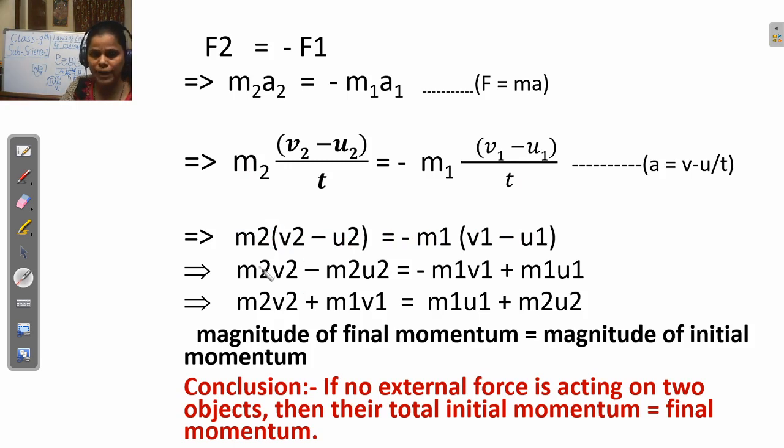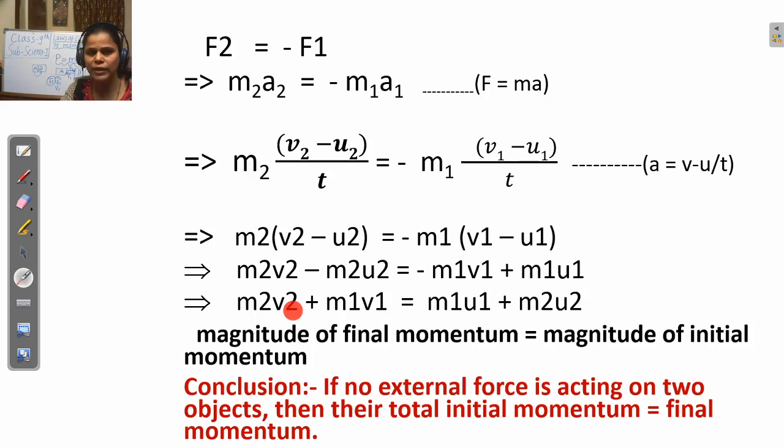So m2 into (v2 minus u2) equals minus m1 into (v1 minus u1). Then open the brackets: m2 v2 minus m2 u2 equals minus m1 v1 plus m1 u1, since minus minus is plus.